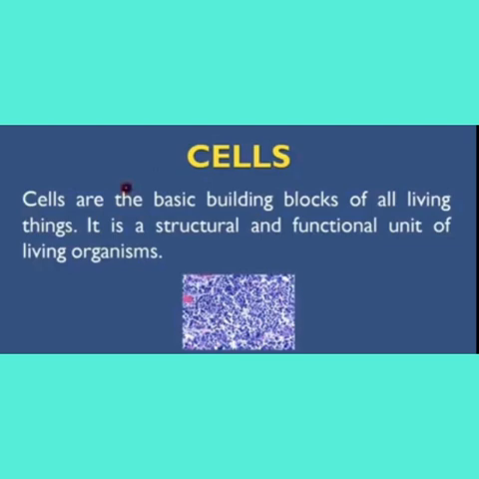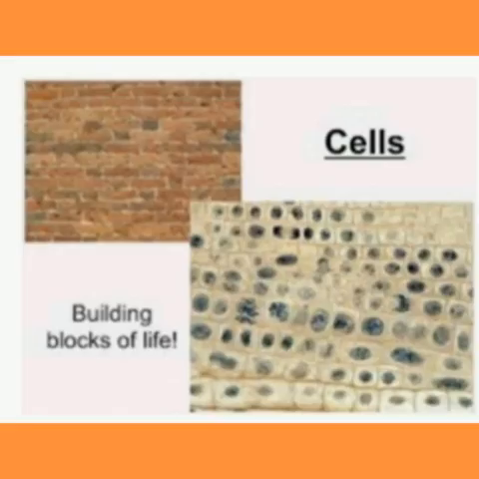A cell is the structural and functional unit of a living organism. So cells are building blocks and are called the structural and functional unit. In this picture we saw on one side a wall and on the other side a picture showing human cells.